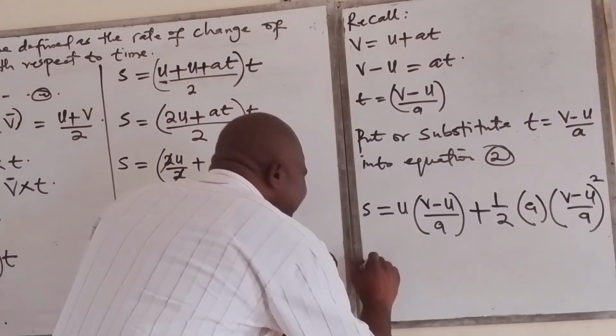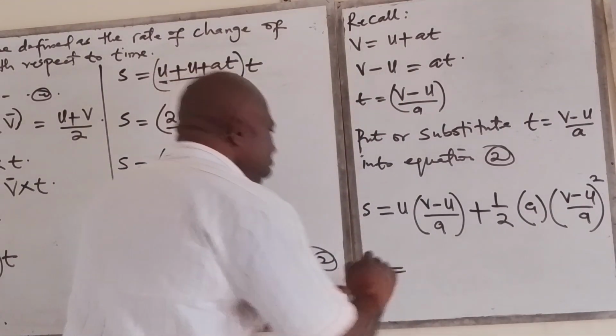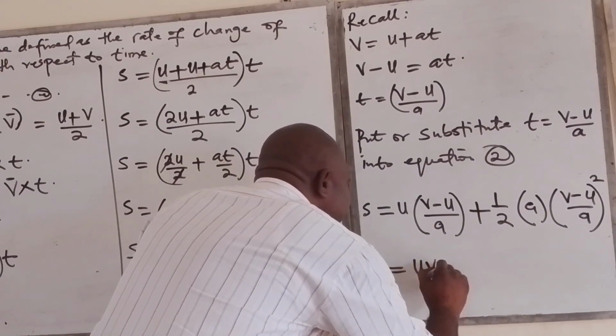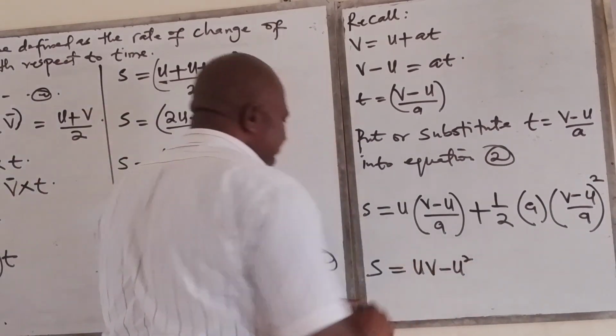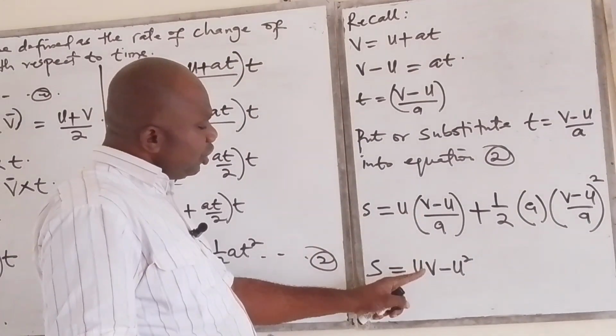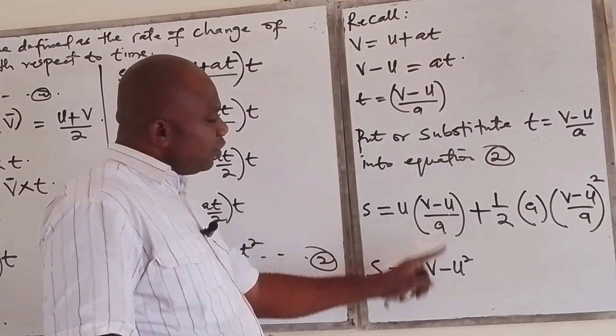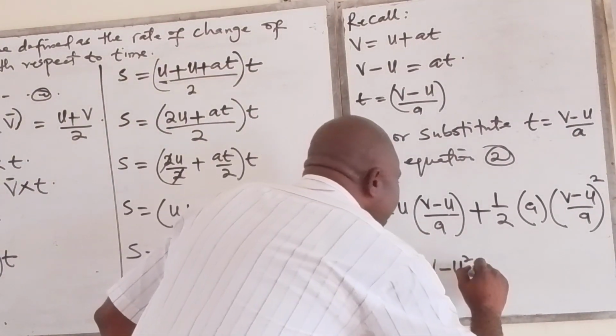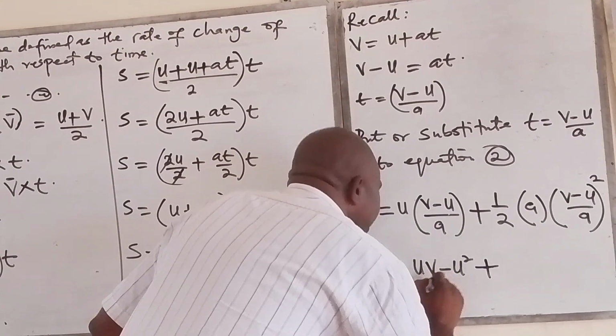So our x will now be equal to uv minus u squared, because u times v is uv and u times minus u is minus u squared, all over a.